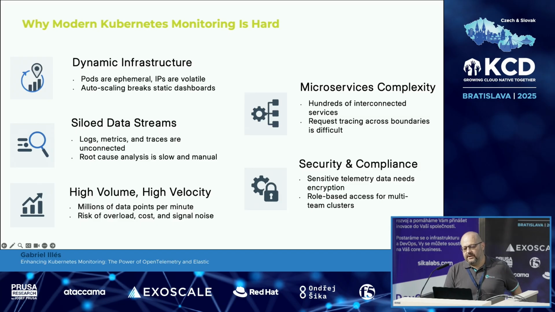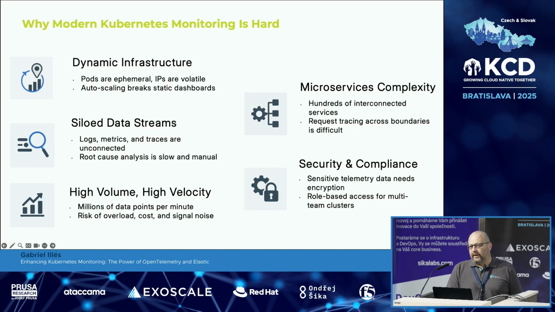The other issue is that, as I mentioned, the data are in different backends, so they are siloed. Logs and metrics and traces could go to different backends, and the root cause analysis or troubleshooting is manual and slow work. Also Kubernetes, especially the large ones, have a huge amount of data and high velocity.